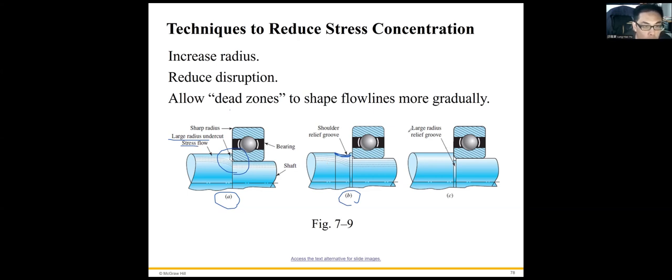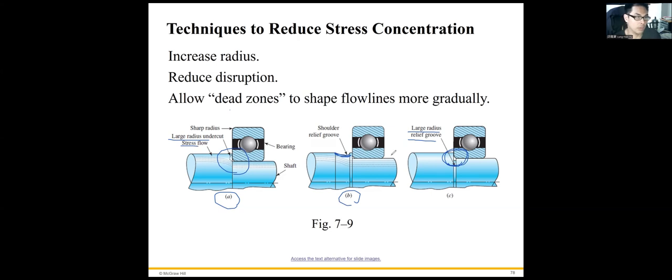Okay, and also if we design a large radius relief groove, we can design a groove here. So basically, to reduce the stress concentration, you have to follow some rules.